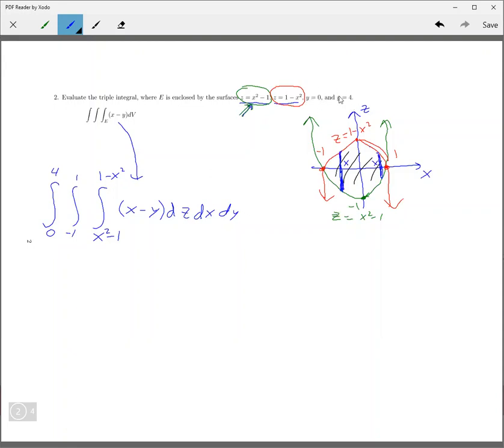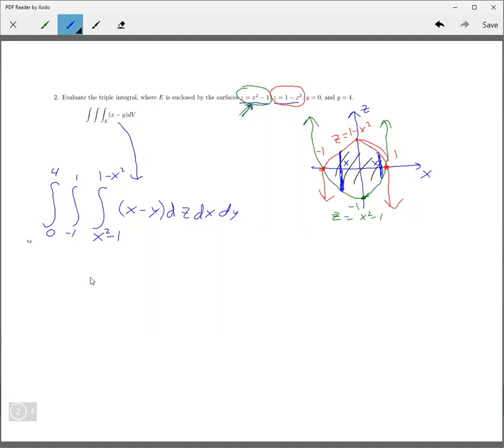So these are planes actually. y equals 0 and y equals 4 are planes. And so it's going from one bottom of the plane to a top. So really this region E consists of the inside of this going from 0 to 4. So if you look at it on its side, it would be like a cylinder, but kind of shaped weirdly with these sides instead of perfectly round sides.